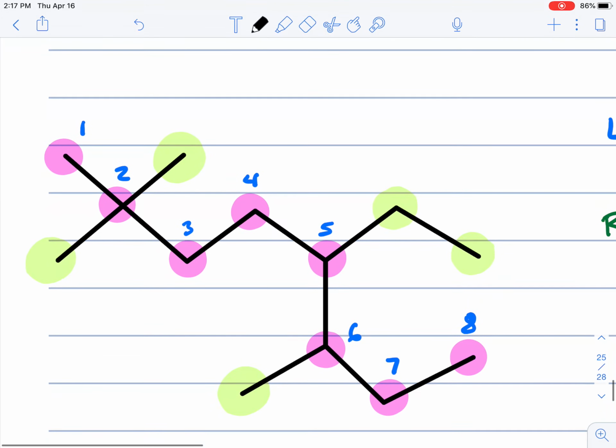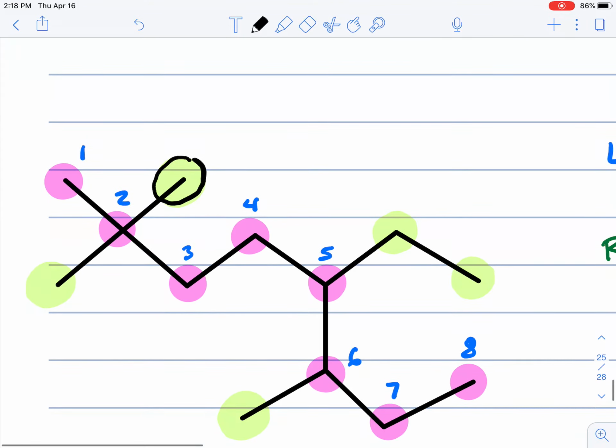It looks like this guy in green has just one singular endpoint, if you will. This little guy right here represents CH3, and a CH3 is known as methyl as a substituent.